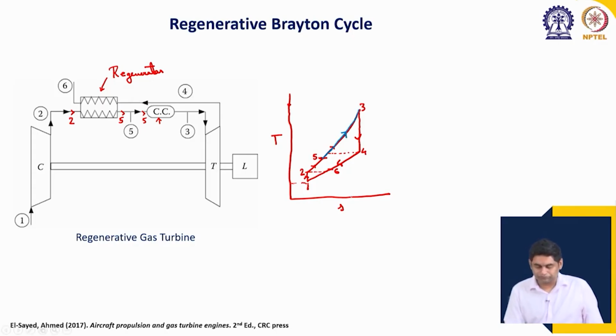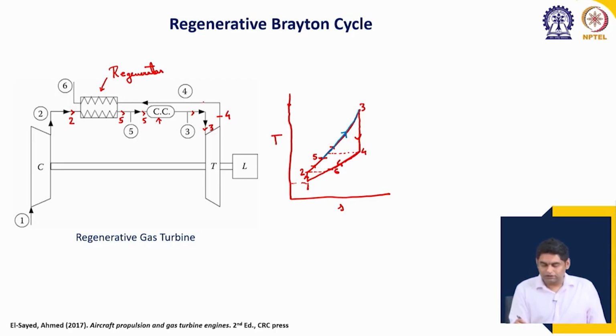Now after this, the combustion products go to the turbine. It goes in at state 3 and comes out of the turbine at state 4. But instead of directly exhausting this to the atmosphere, we have seen that this should now go into the heat exchanger, so from 4 to 6.